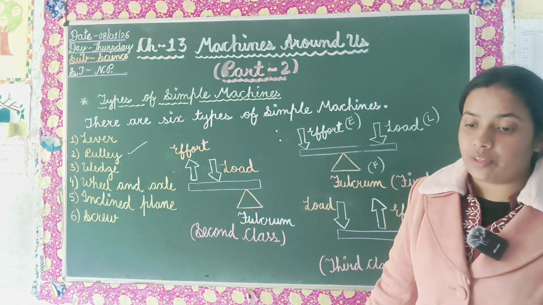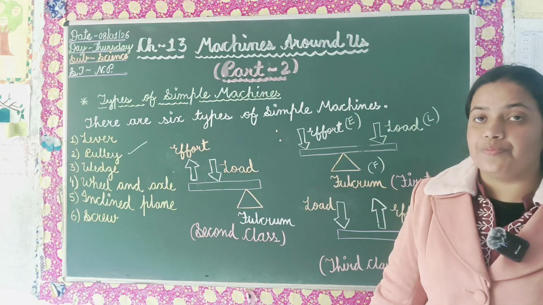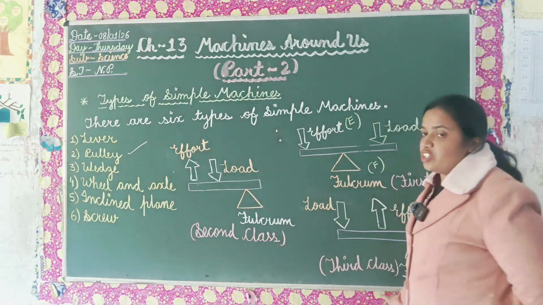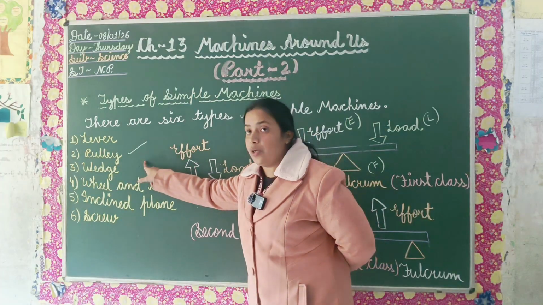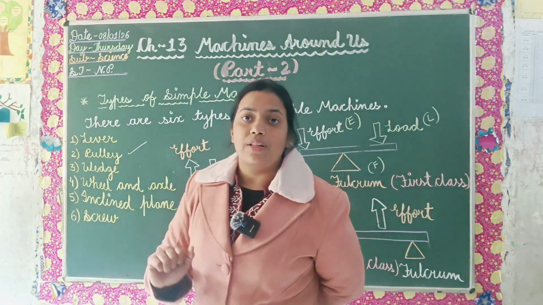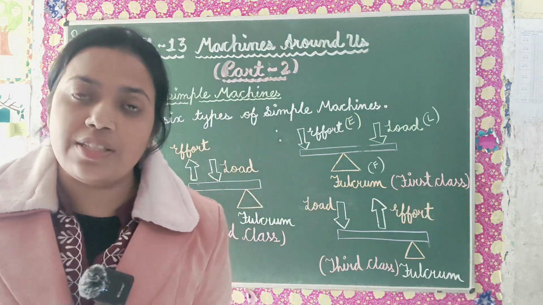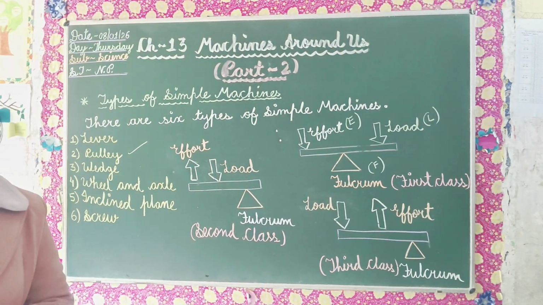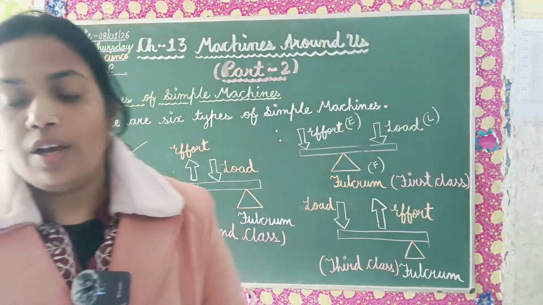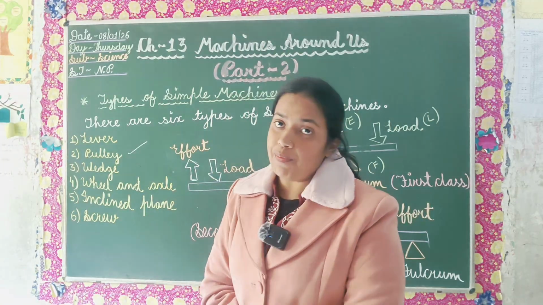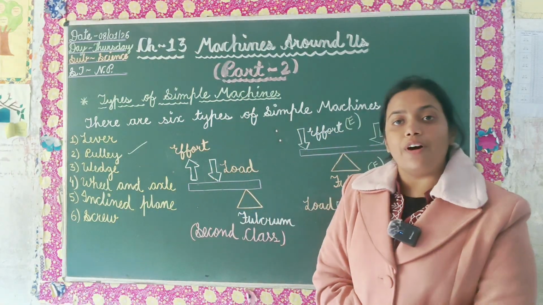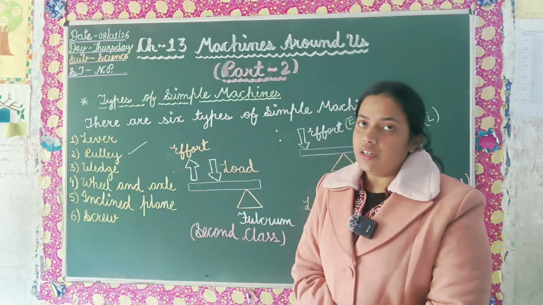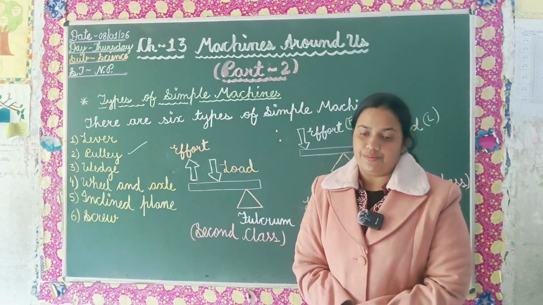Now students, our next type of simple machine is the pulley. Let's discuss the pulley. A pulley is a simple machine made up of a grooved wheel with a rope around it.